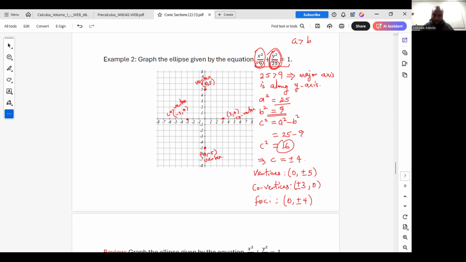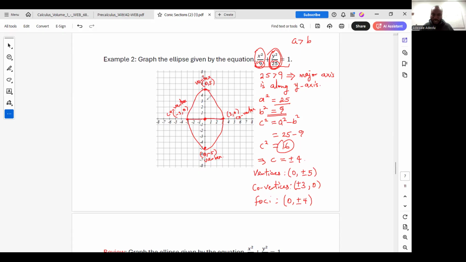Now we can graph the ellipse, something like that. Okay, and our center, remember, is 0, 0. So yeah, origin 0, 0 there.